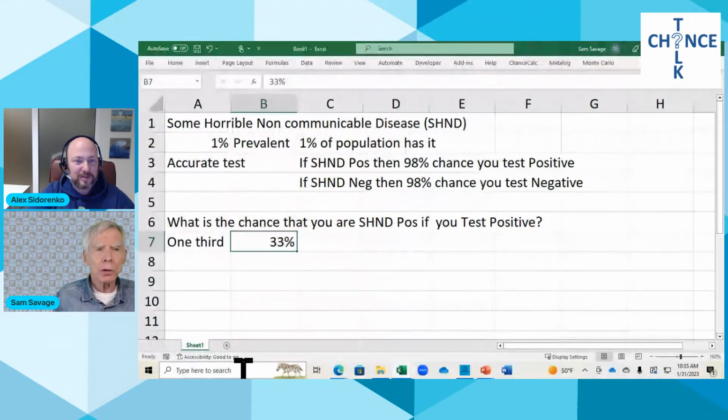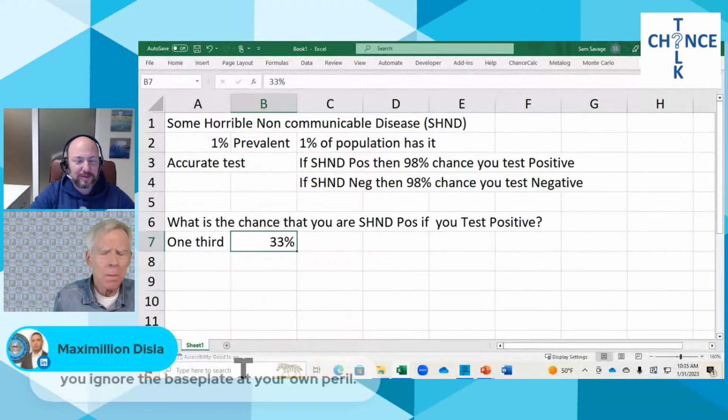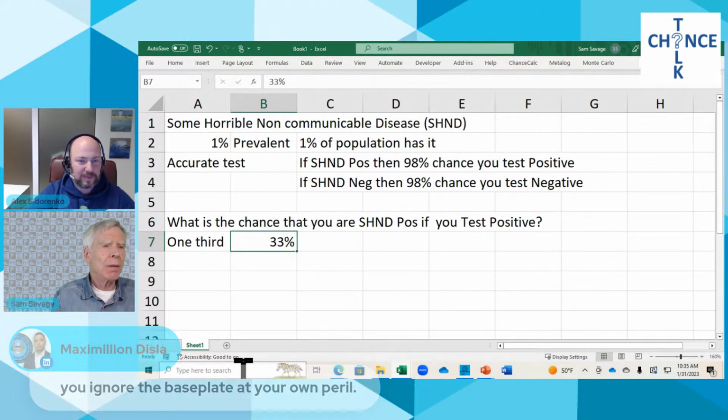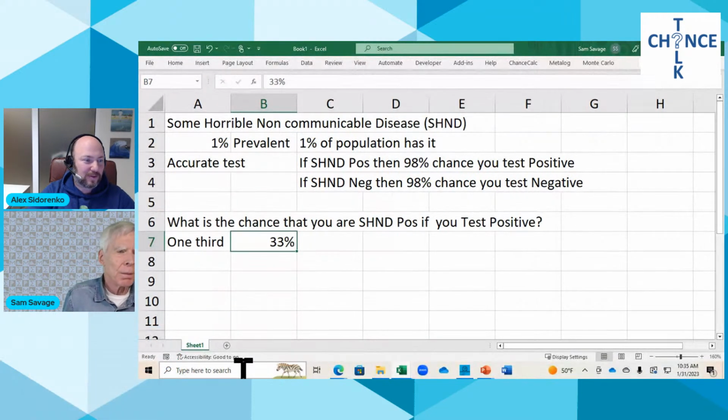Oh, that's absolutely true, Alex. And look, let me tell you some of the results of this. Number one, for men, they stop doing prostate tests after a while. Because even if you test positive, the chance it would make any difference is small. Yes, this is, as Max says, the base rate fallacy.